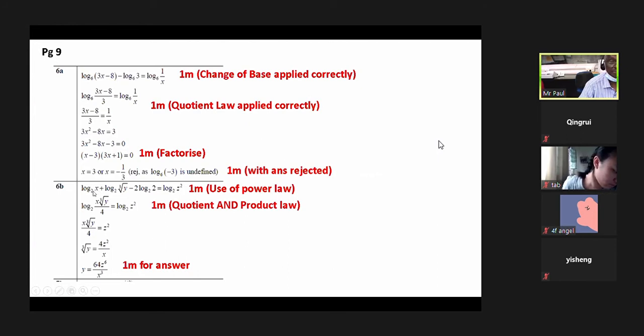You have plus, this one you times, then this is minus. Of course, you bring the 2 up will become 4, right? You all are smart, right? You bring the 2 up is 4, but this is minus. So your 4 will be at the bottom. If you do your quotient rule, product rule correct, you get your next mark. Then you compare, you get this, then of course you should get the answer. Any questions?